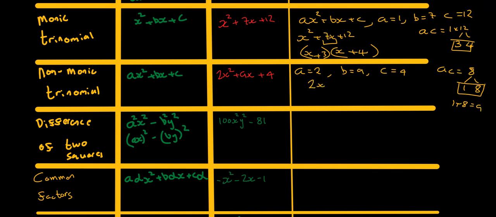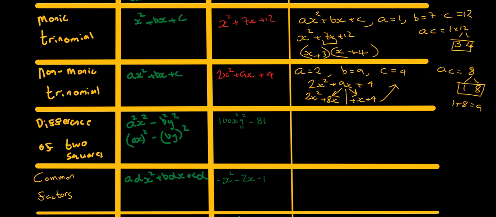Okay, so a little bit different this time. Now we partition, that means break up the 9x. So we can split that 9x into 8x plus x plus 4.